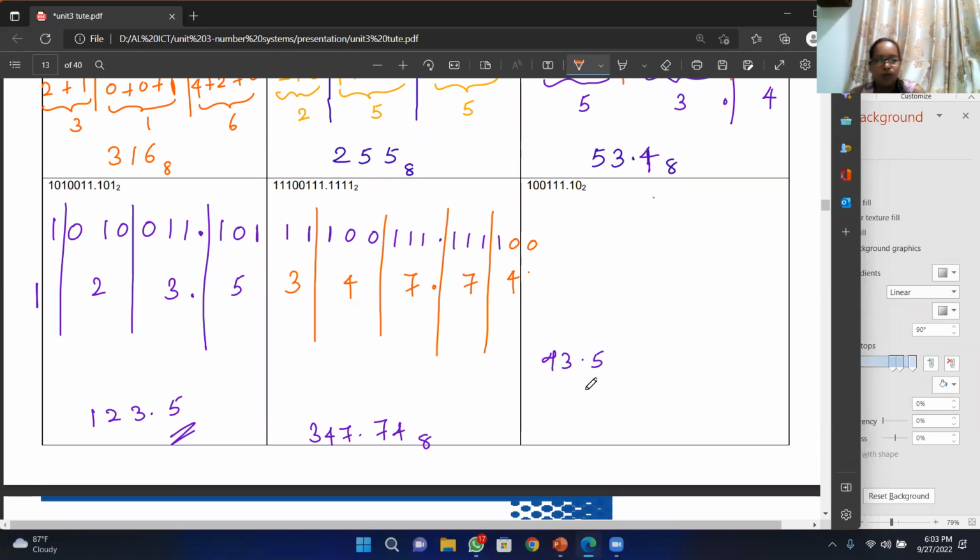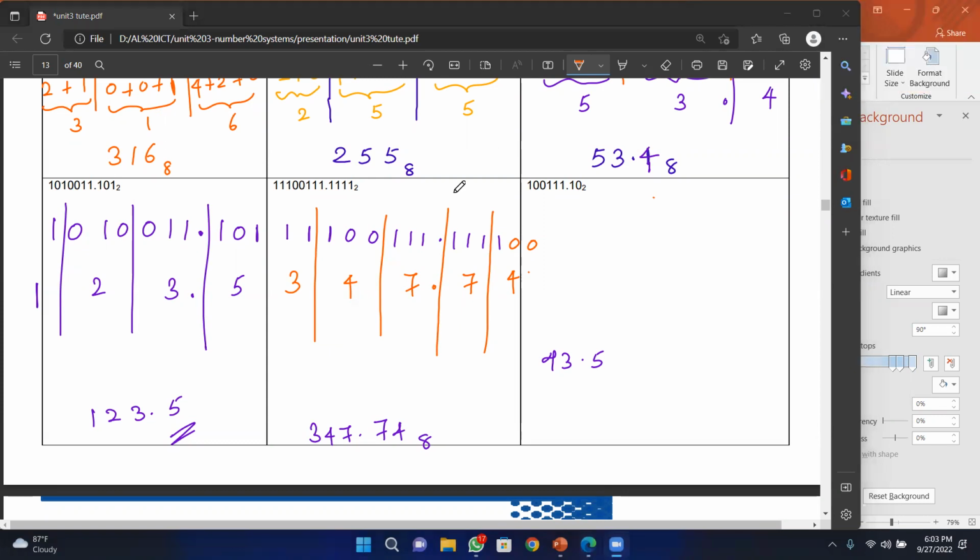Next one, 43.5. I got 47.4 to the base 8.